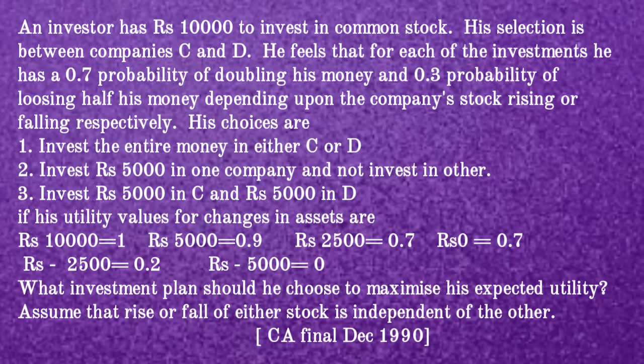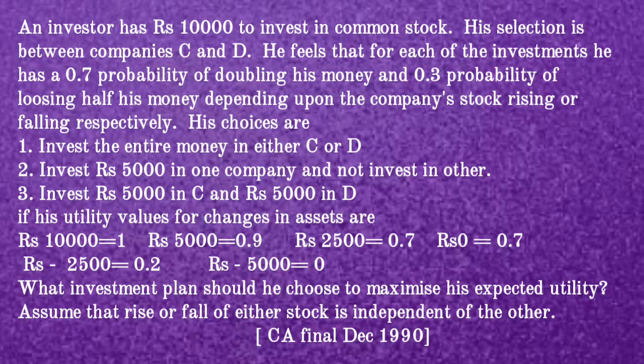Now we will read the question, which is based on second method, standard gambling technique. An investor has rupees 10,000 to invest in common stock. His selection is between companies C and D. He feels that for each of the investments he has a 0.7 probability of doubling his money and 0.3 probability of losing half his money, depending upon the company's stock rising or falling respectively.